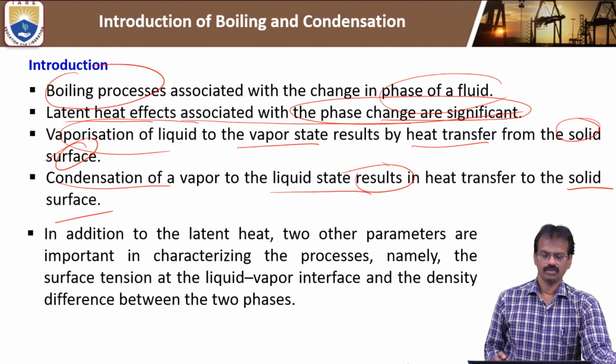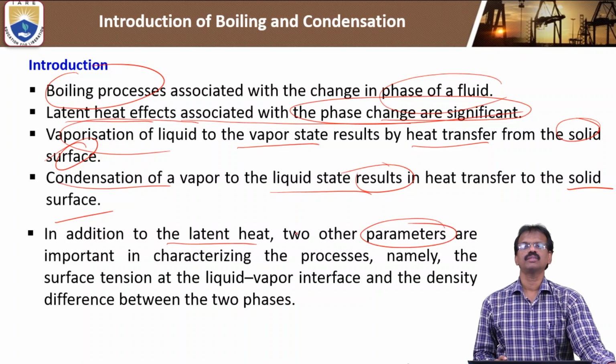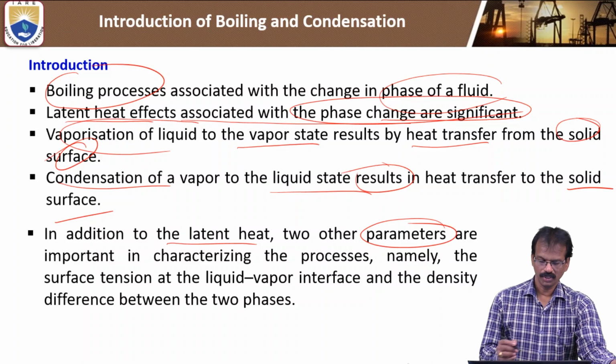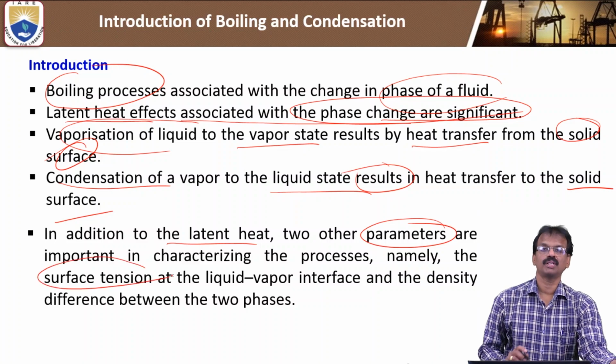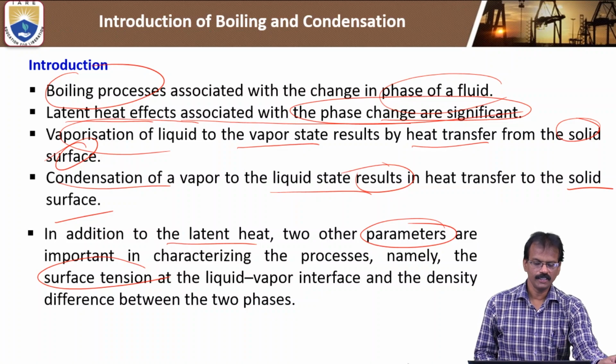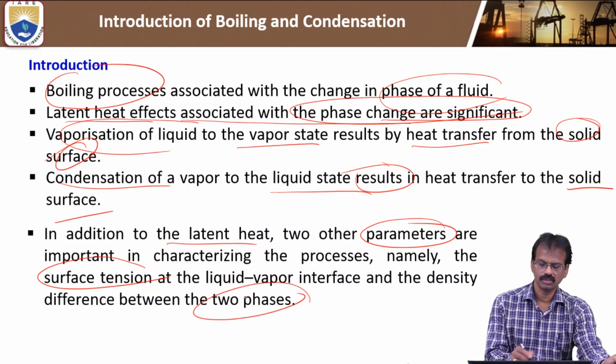So in addition to the latent heat, two other parameters are very important in characterizing this process. Namely, surface tension is very important for the formation of bubbles, and the density difference between the two phases is also very important.